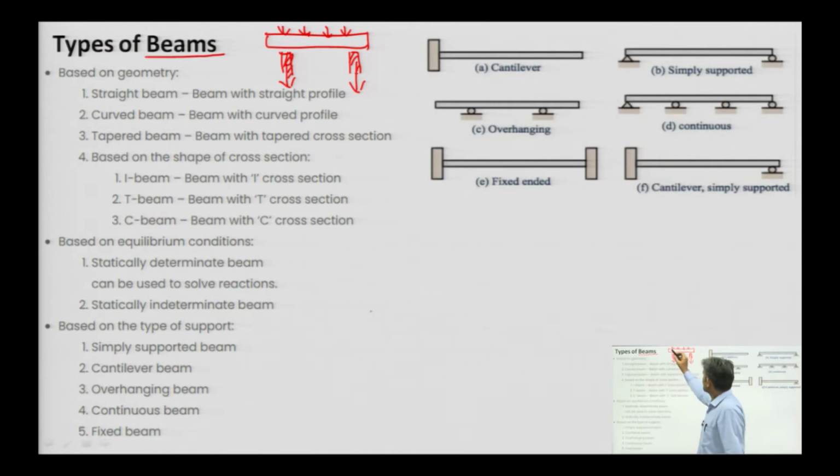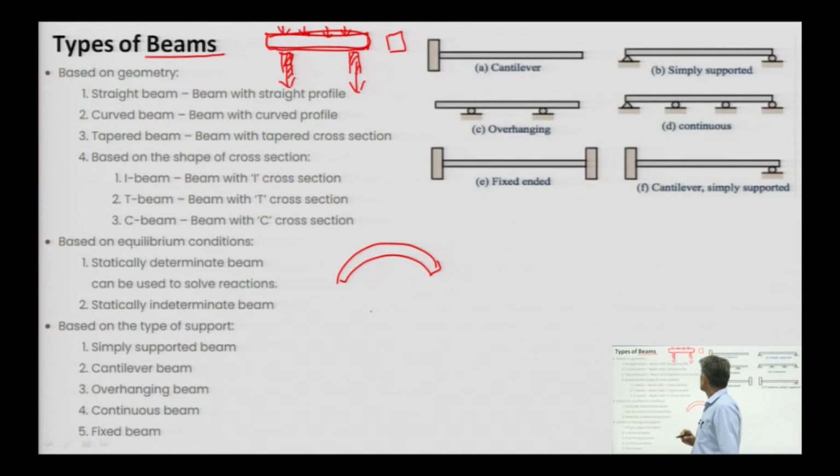Normally it is straight, but it can be curved also, like this, okay. Its section can be rectangular. In buildings normally we provide rectangular sections in concrete beams.